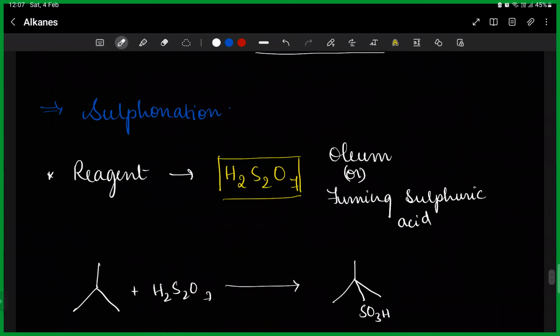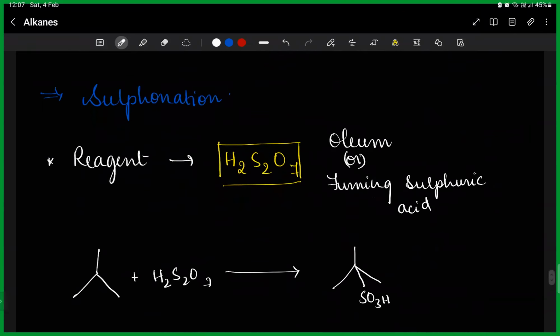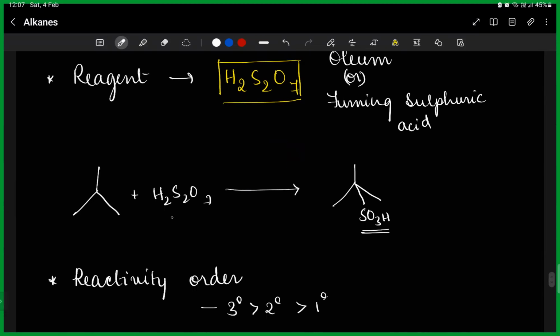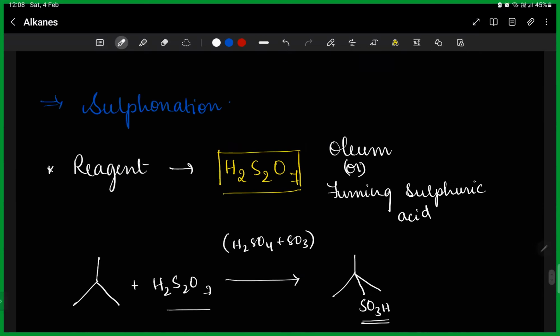Now, sulfonation. In sulfonation, SO3H is substituted. Here, the reagent we are using is fuming sulfuric acid or oleum. Sometimes it can be written like this: H2SO4 plus SO3 forms H2S2O7, which is also called oleum.